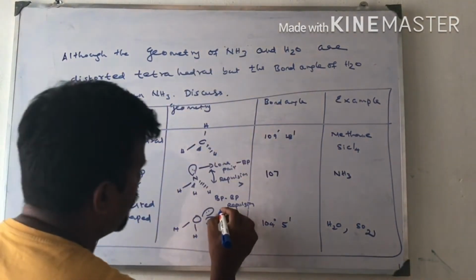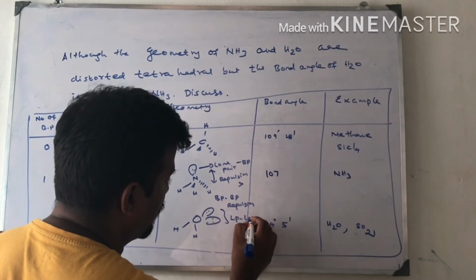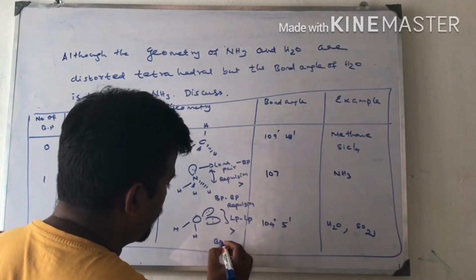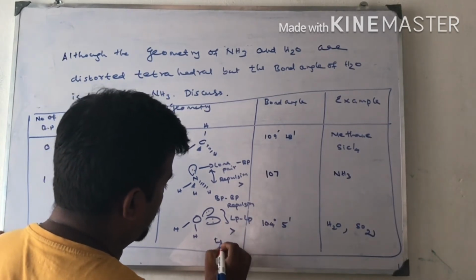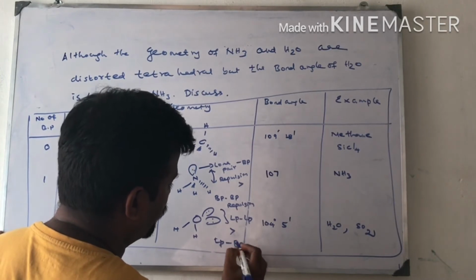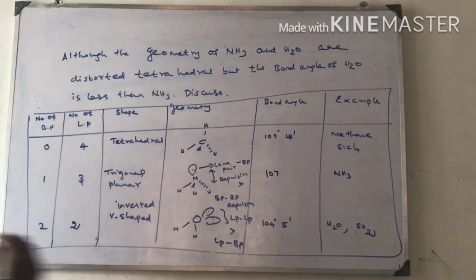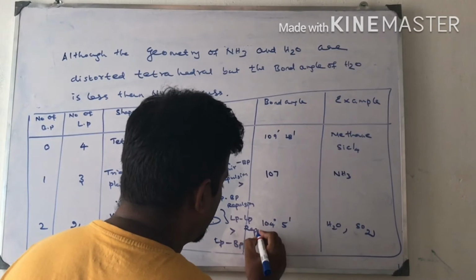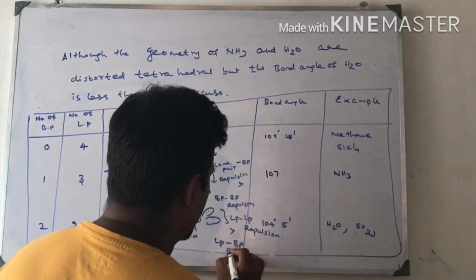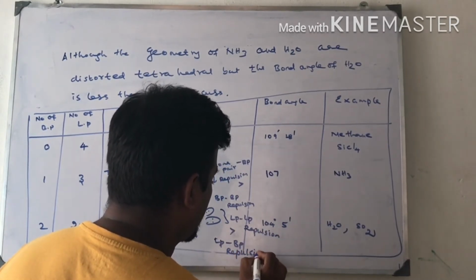So here lone pair interaction is greater than bond pair, lone pair interaction. So this also, lone pair repulsion is greater than bond pair repulsion, right?